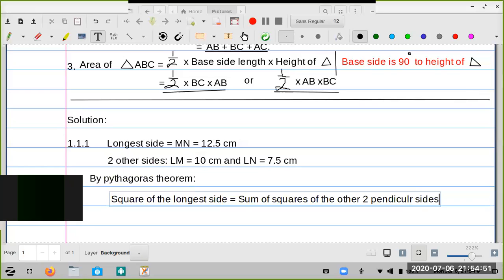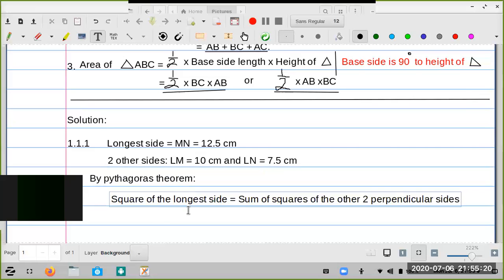Remember I said last time that I'm using the word perpendicular purposefully. Perpendicular sides, right?